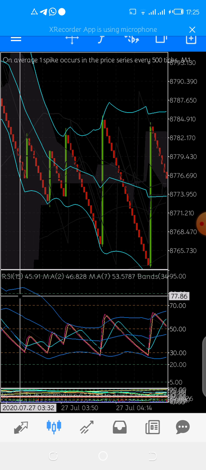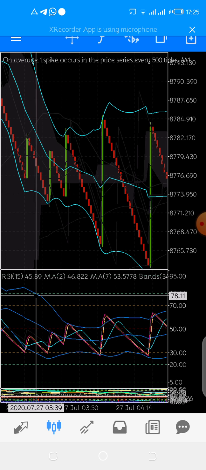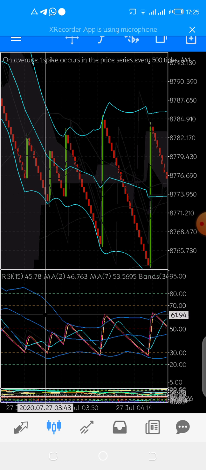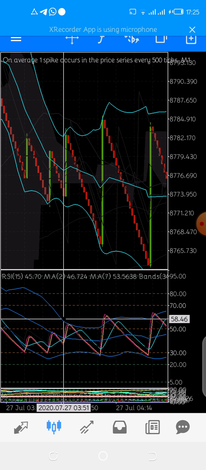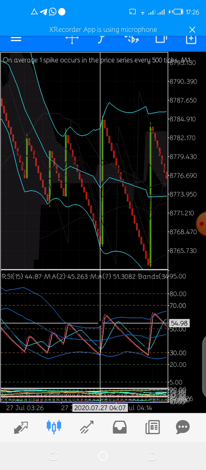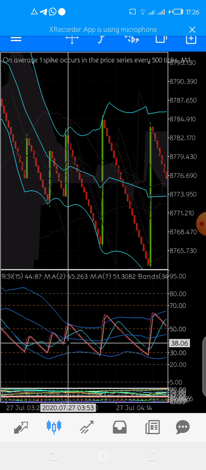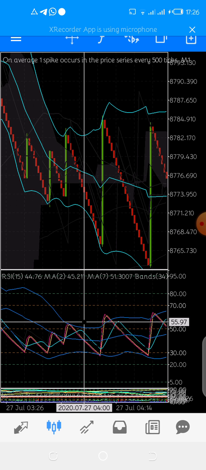So the right places to get spikes or to use TDI, if you want to do small scale trades without the help of any other indicator, is in such places, like from this location to this location, when the TDI is practically on a straight line.